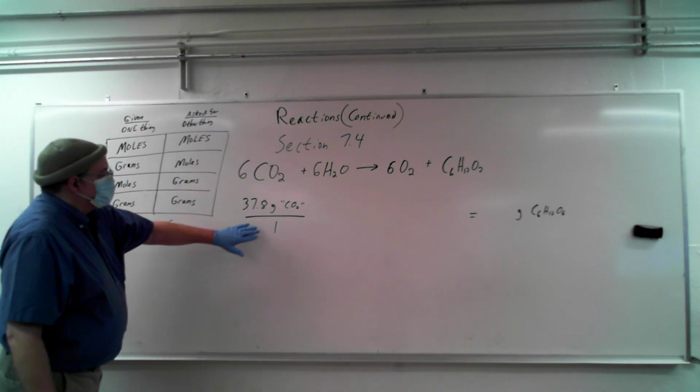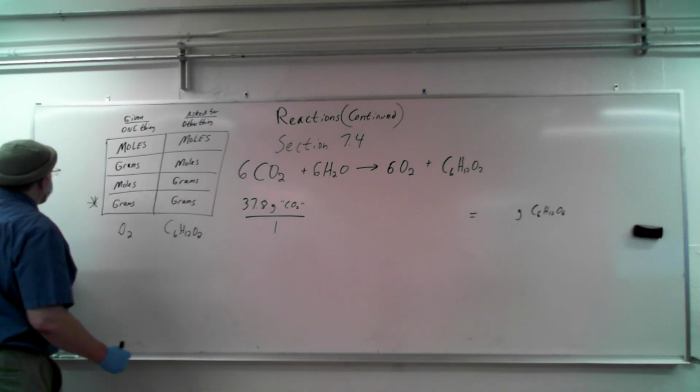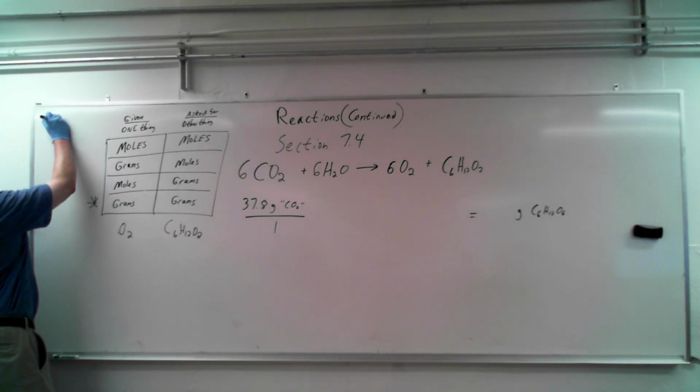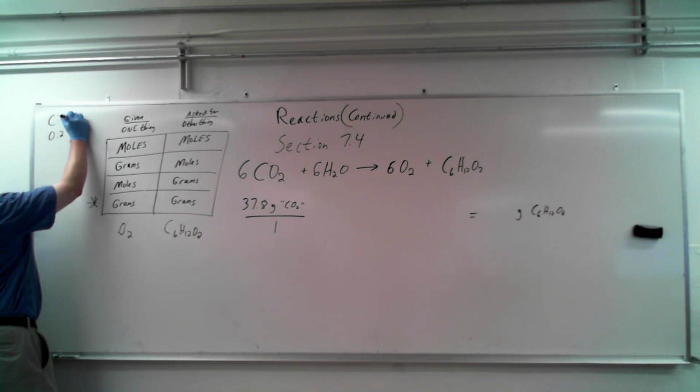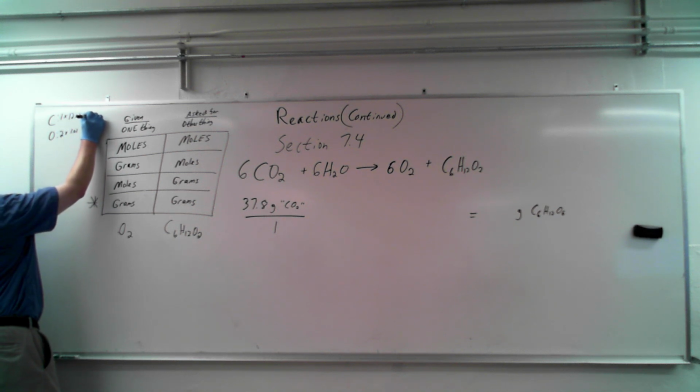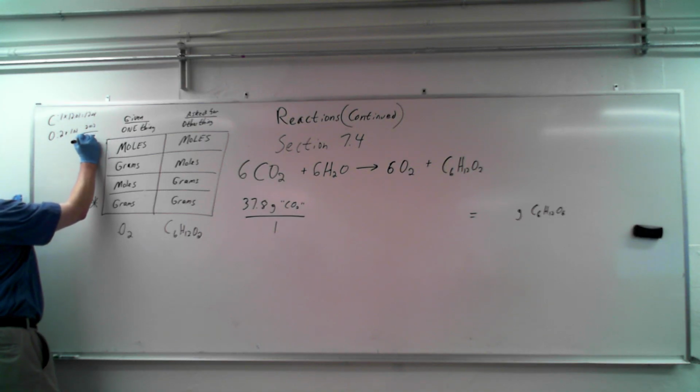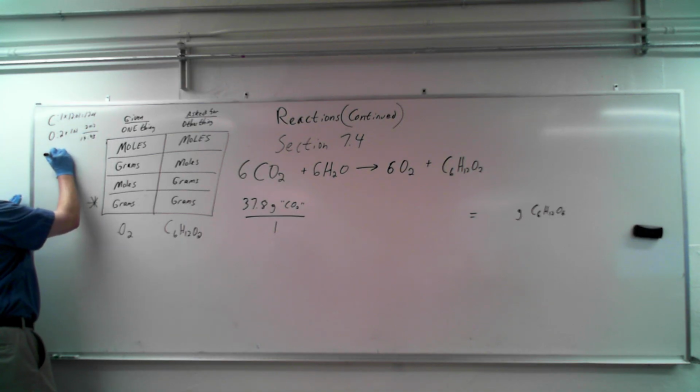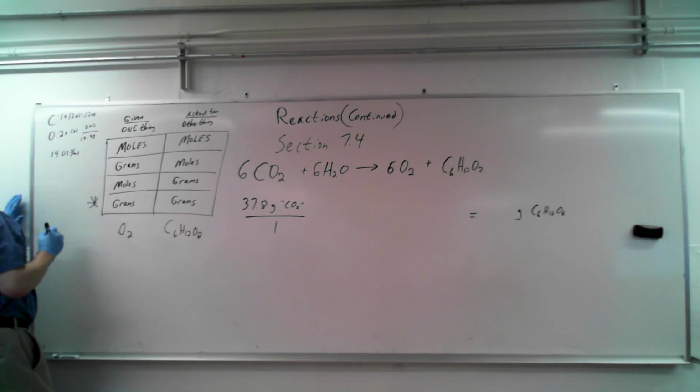Meaning, grams of CO2 is mentioned, so you're going to have to go: there's 1 carbon, there's 2 oxygens, 12.01 off the periodic table, 1.01 off the periodic table, 2.02, and I get 14.03 grams per mole for the CO2.